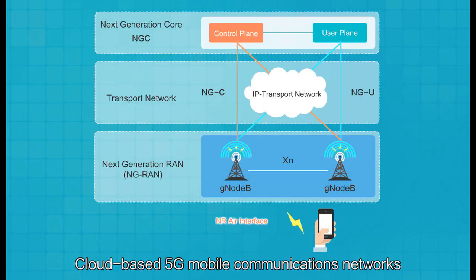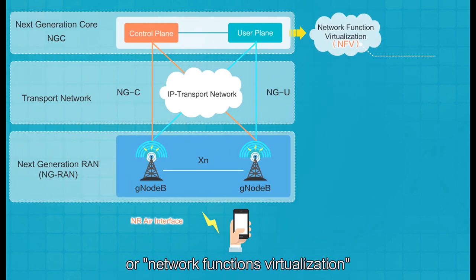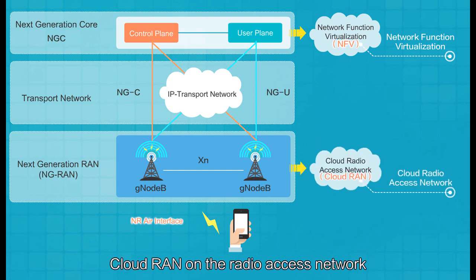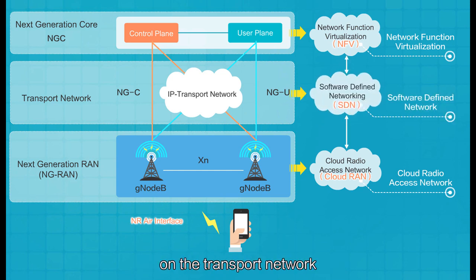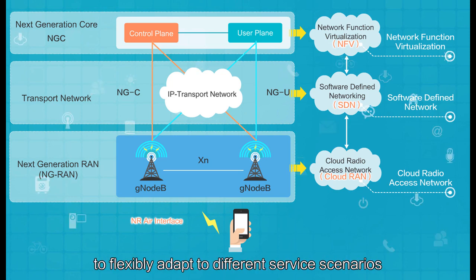Cloud-based 5G mobile communications networks have a reconstructed network architecture. They use NFV, or Network Functions Virtualization, on the core network, Cloud RAN on the radio access network, and Software-Defined Networking, or SDN, on the transport network. These new technologies allow the network to flexibly adapt to different service scenarios.